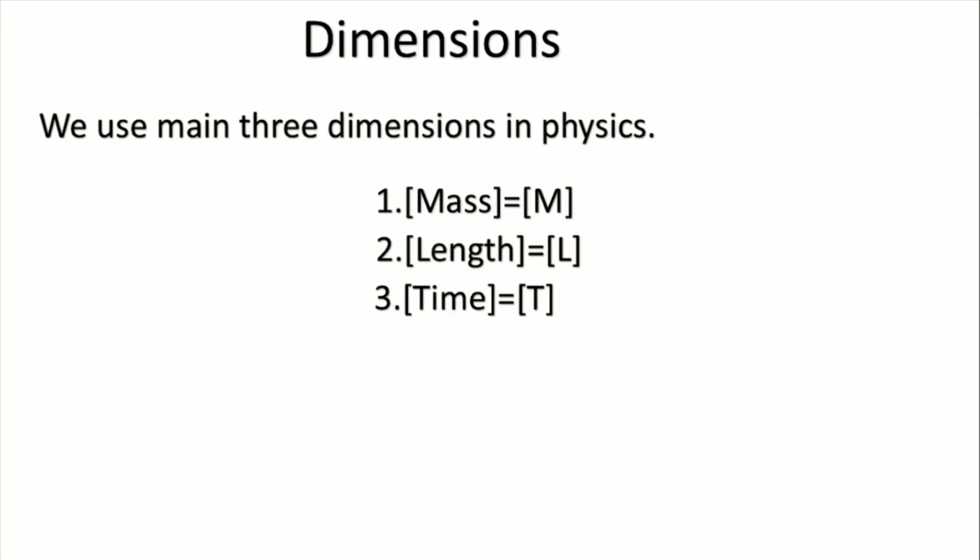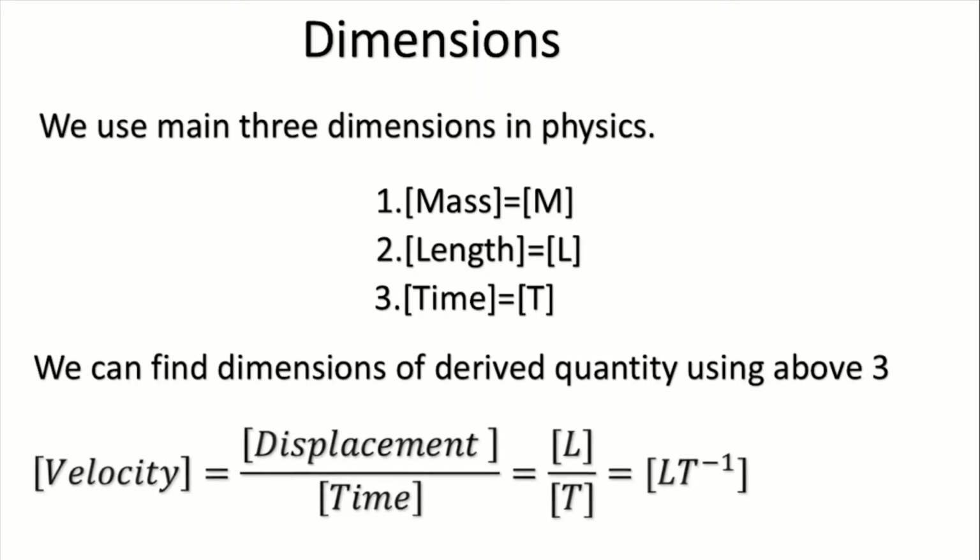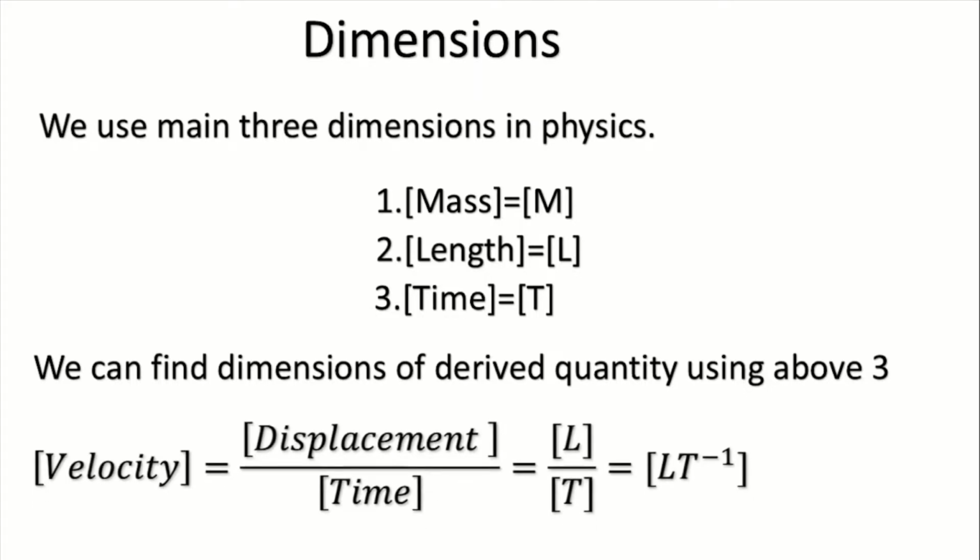Using these three dimensions, we can derive the dimension of another quantity. We can find the dimension of a derived quantity using the above three. As an example, I am taking velocity.